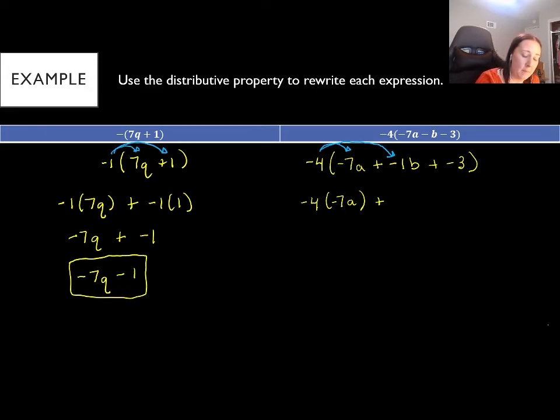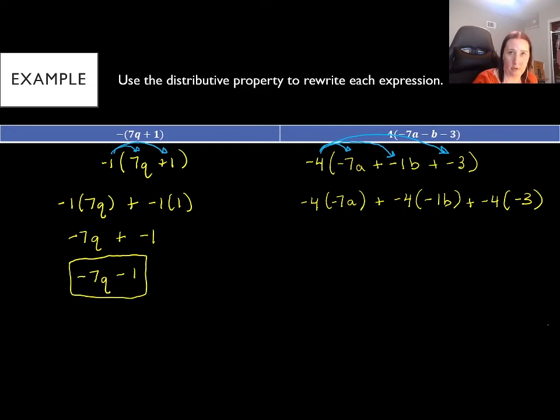So in the middle, we have the negative 4 in front, now multiplying it by negative 1b. We have to make sure that we have an arrow going to everything in parentheses. If there are 3 things in parentheses here, I better multiply by 3 things. So plus that negative 4 times negative 3.